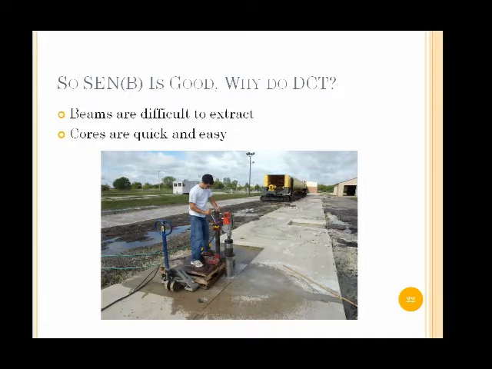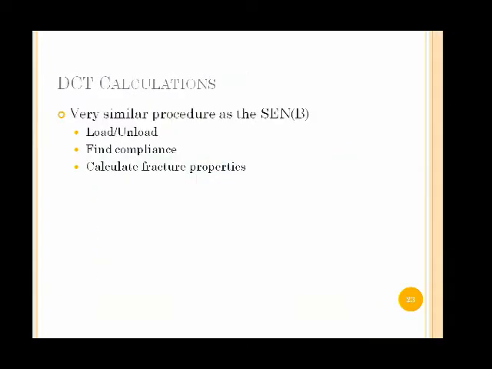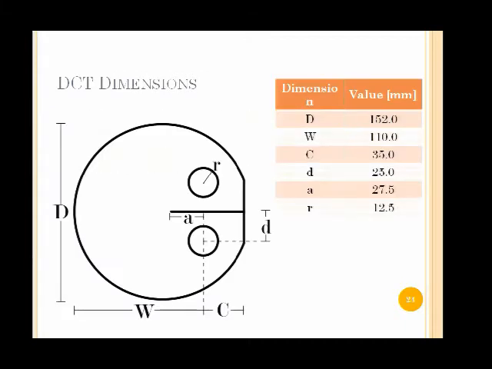So we decided, well, let's try to get the DCT to use as a fracture test. And so we're going to use essentially the same process to calculate the fracture properties. We're going to load it and then unload it. We're going to calculate the compliances and then calculate the fracture properties.